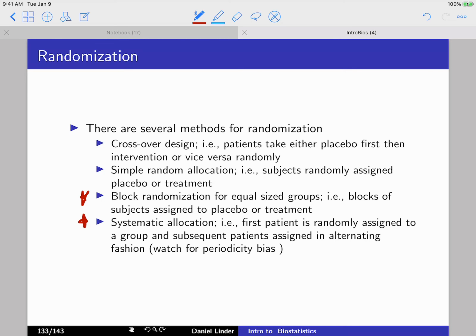The only thing you have to watch out for here is if you have some type of periodicity effect. So for instance, if your morning people are always assigned to, say, the treatment group, then there may be differences in subjects that aren't allocated properly between the two groups. So if you wanted to solve that kind of problem, what you could do is on the next day you could start with, say, the treatment group as your first assignment group, and alternate that way.